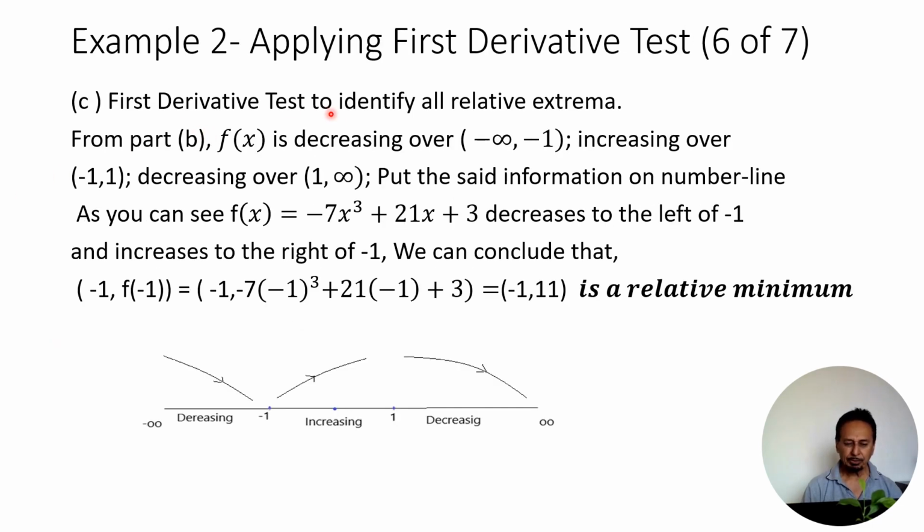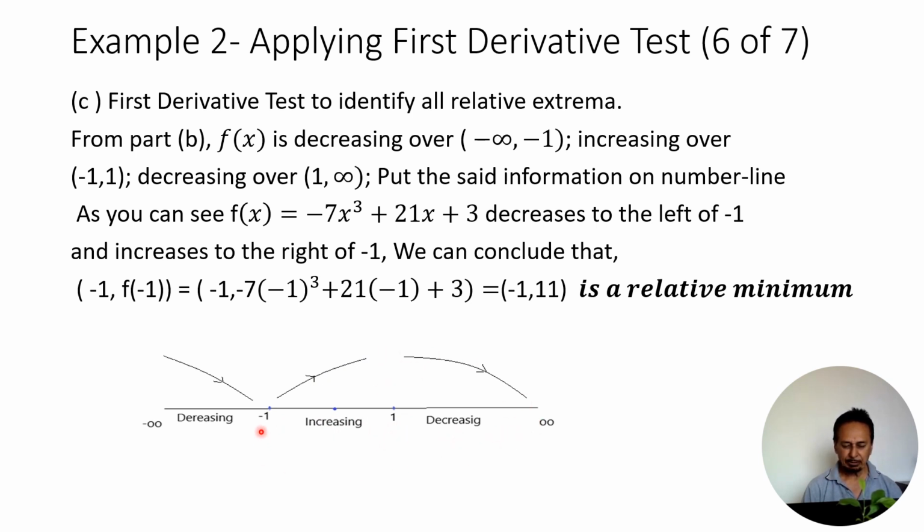Okay, now we apply the first derivative test to identify all relative extrema. From part B, f of x is decreasing over minus infinity to minus 1, increasing over minus 1 to 1, and decreasing over 1 to infinity. So we can put this information on the number line. Minus infinity to minus 1 is decreasing, minus 1 to 1 is increasing, 1 to infinity is decreasing.